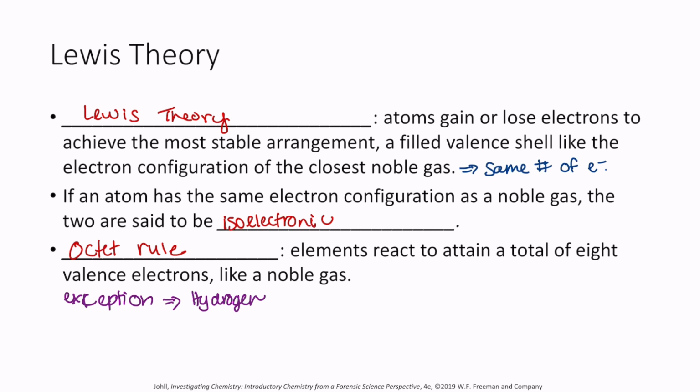So with hydrogen, we use what is called the duet rule. The duet rule states that hydrogen likes 2 electrons around it. It still wants to look like the noble gas, but in this case, it's going to look like helium, which only has 2 electrons.